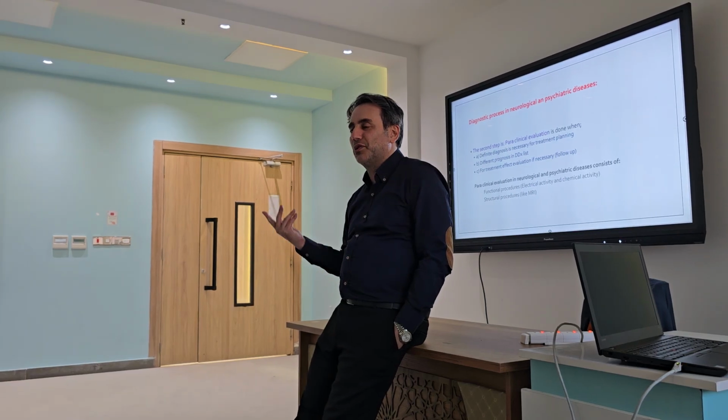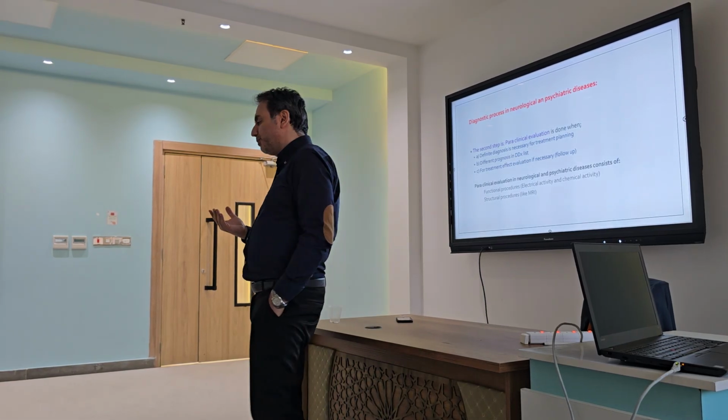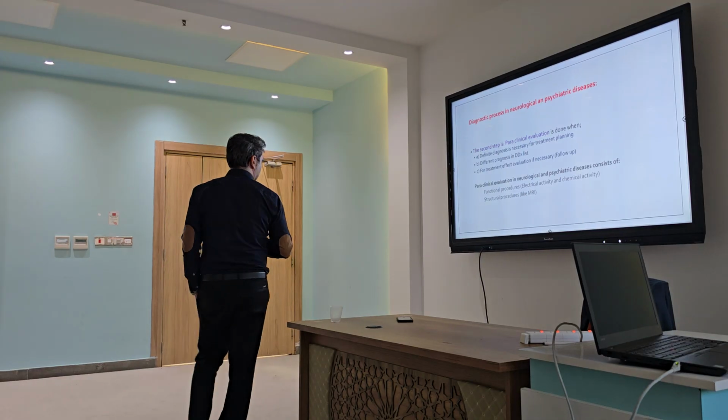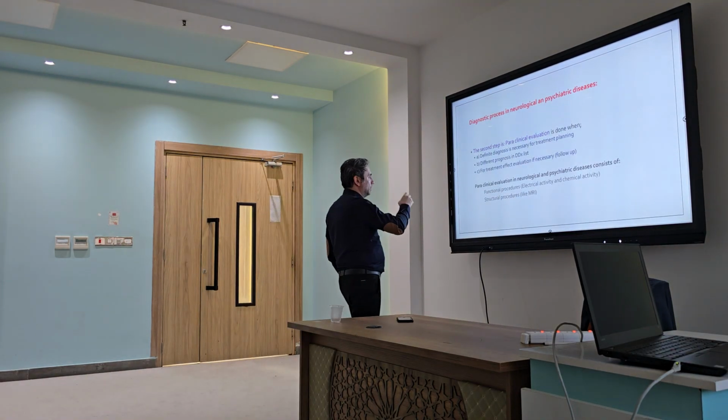EEG and functional MRI are functional procedures. MRI and CT scan show the structure; we call them structural procedures. What is disease? Any deviation from normal function or normal structure. So you can assess deviation from normal function and normal structure through functional or structural procedures.